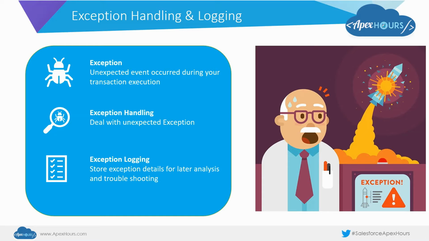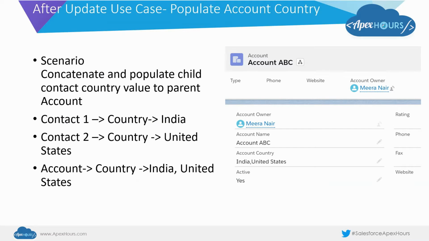So when they raise a support ticket to identify what went wrong, unless there is a log of the exception details, the support team might not be able to debug this issue. So let us see some flow use cases and also see how we can handle and log exceptions in this particular flow. This is our first scenario, which is an after update use case.